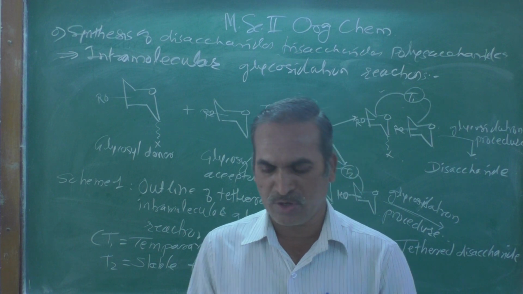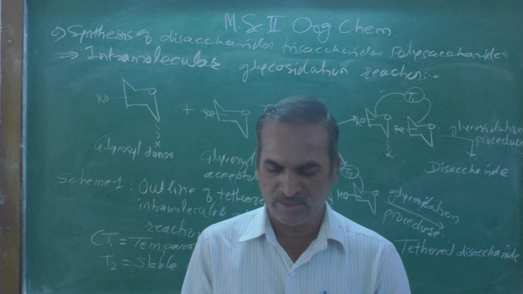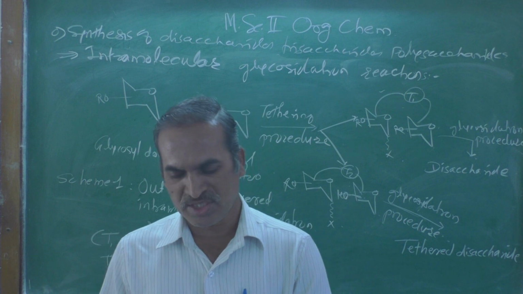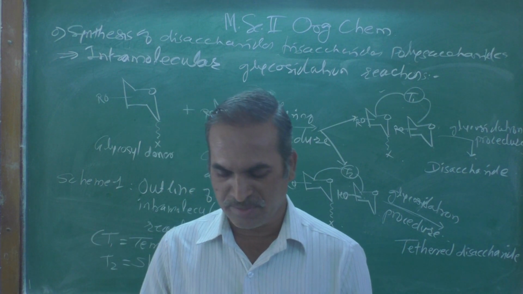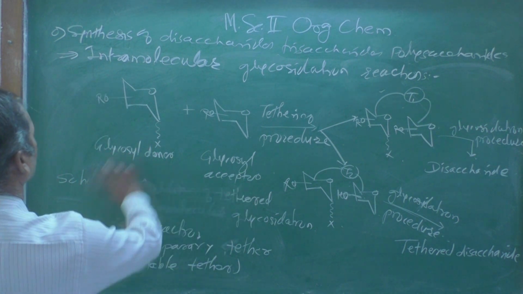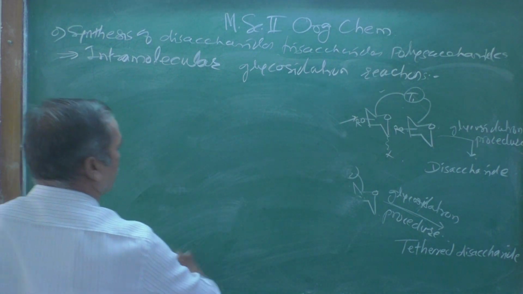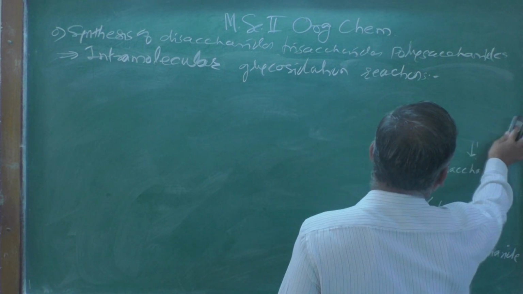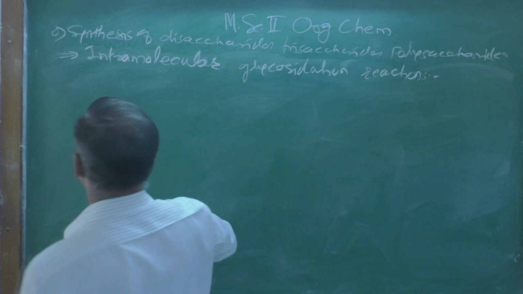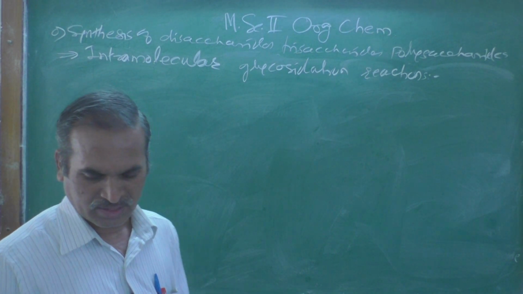The setup for this reaction was thioglycoside 1, a glycosyl donor with a 2-O-acetate group, which is represented in scheme number 2. Now let's see how it can be useful as far as this intramolecular glycosidation reaction is concerned.